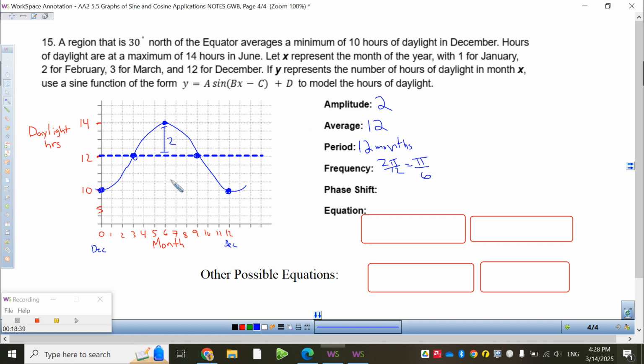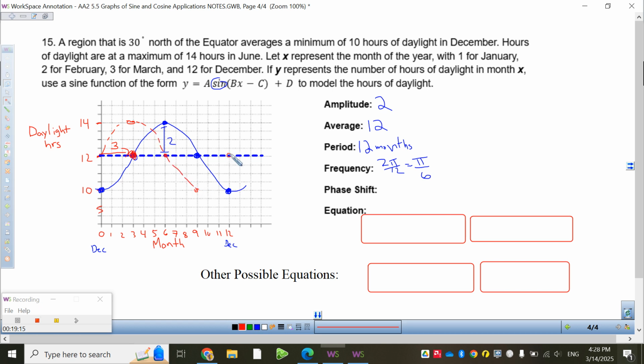And then let's consider our phase shift. Okay, so it says we want to use sine here, and sine normally starts at our middle value. And so when we consider our phase shift, we're looking at this point. This would be the beginning of our sine wave. And I notice that it's shifted over by 3 boxes. Okay, so if I was drawing my initial sine graph, it would look something more like this.